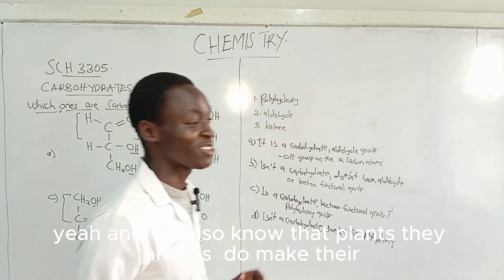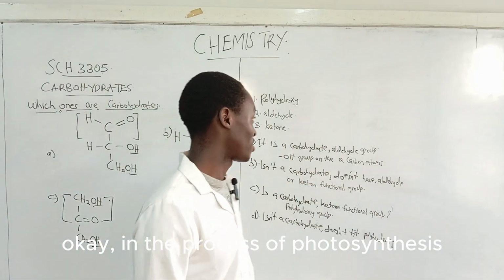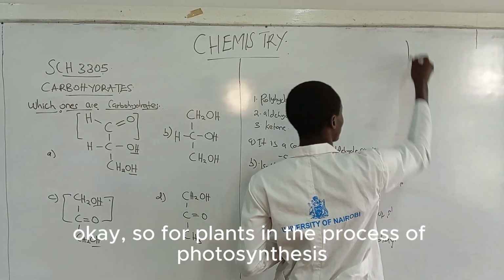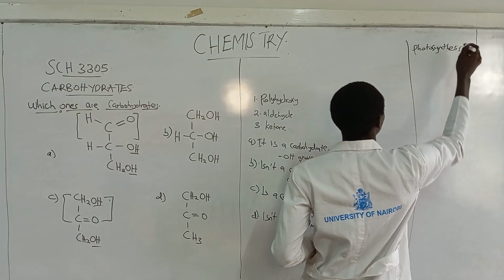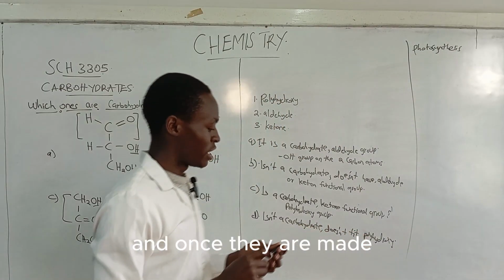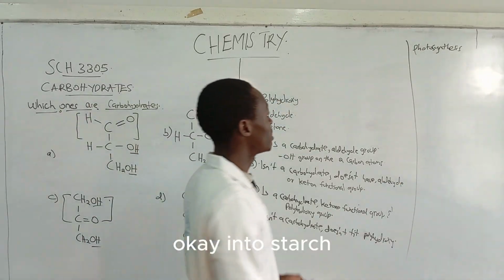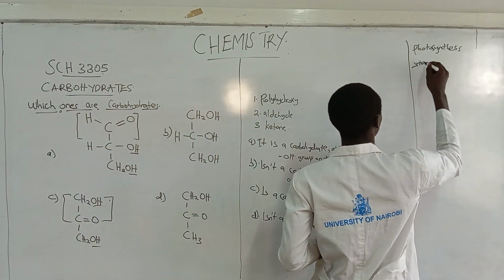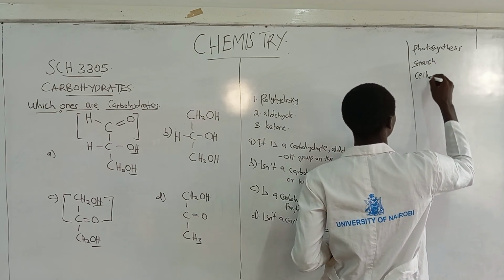You also know that plants make their carbohydrates through the process of photosynthesis. Once they are made, they are converted into starch or cellulose.